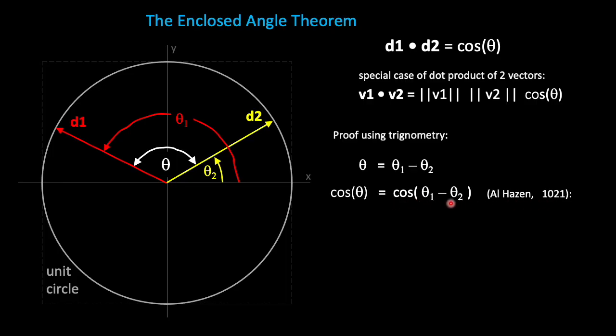He was the first to solve this trigonometric problem. How do you get the cosine of the difference angle, theta 1 minus theta 2? Hopefully we've all seen his result.